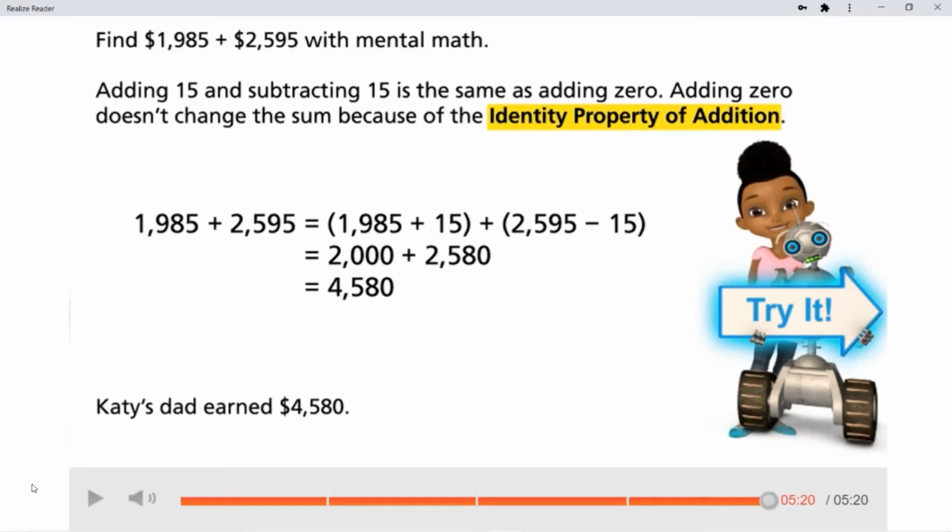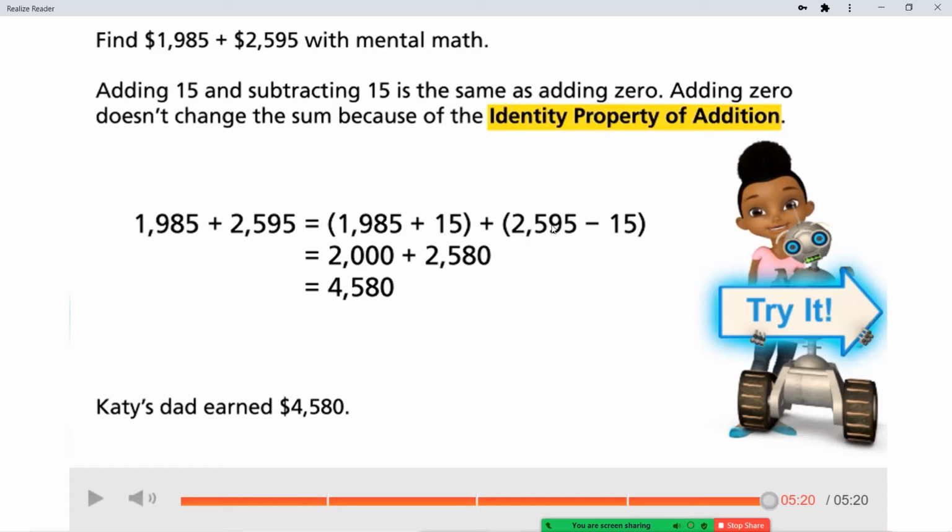Now, when we're talking about compensation, we're talking about making something up. If you borrow something from someone, you have to make it up to them by giving it back. In the first step, they added 15 to 1,985 because that would get it to the next thousands group. 85 plus 15 is 100. So 1,985 plus 15 will give you 2,000. But since we added 15 here, we had to get it from somewhere. We can't just add it and not do anything else. So we borrowed that 15 from our second number.